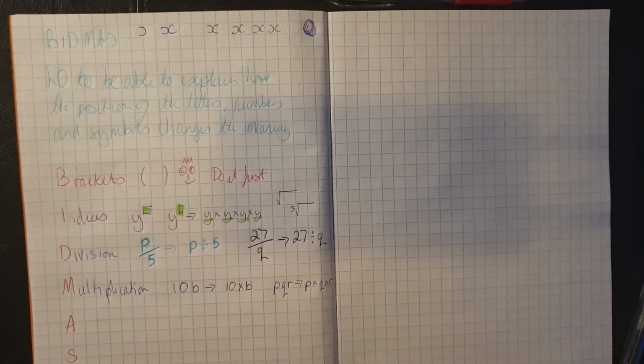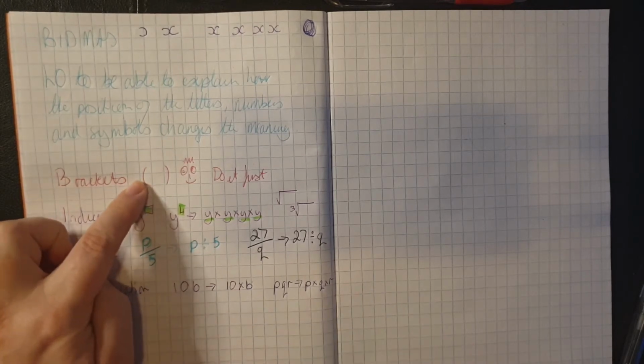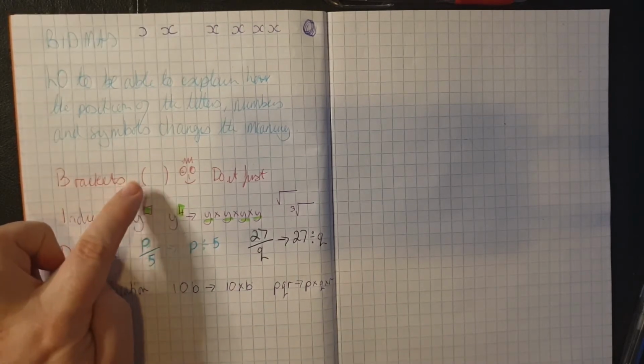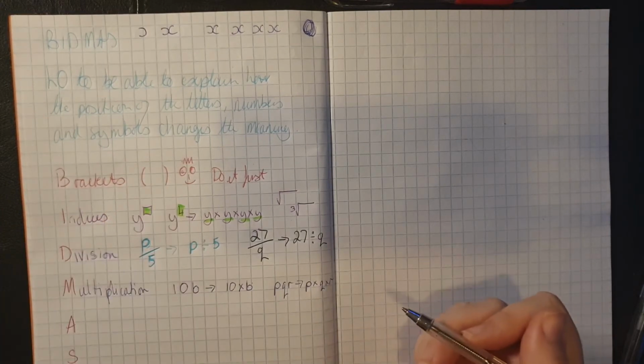Also, just for completeness here, but again you'll look at this in far more depth in Form 8 and Lower Fifth. If you've got something written immediately outside a bracket, it means you're multiplying what's outside the bracket by each term inside the bracket.